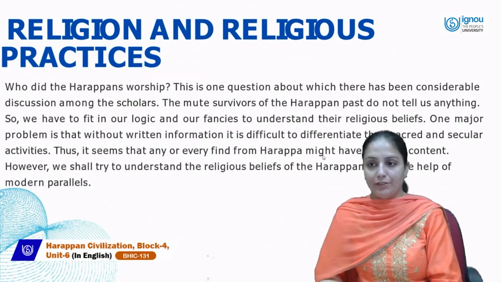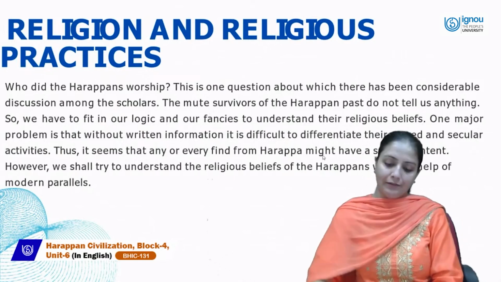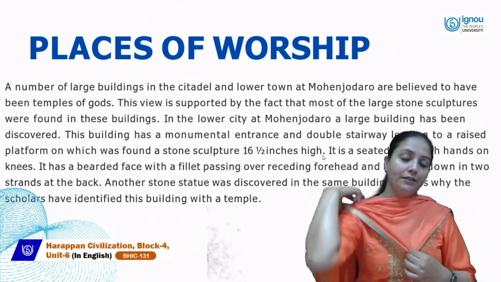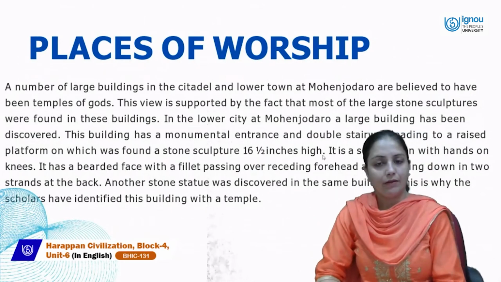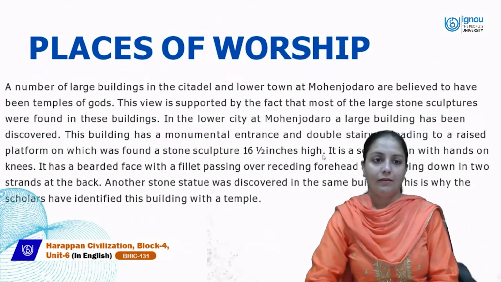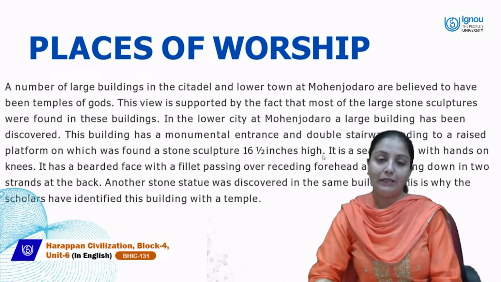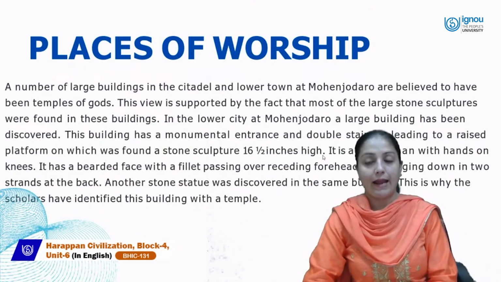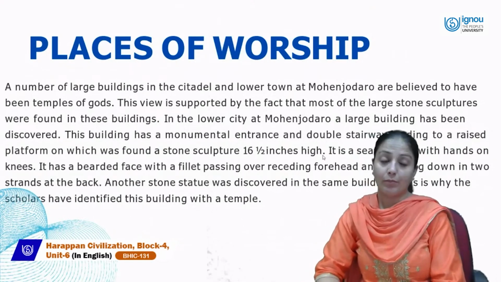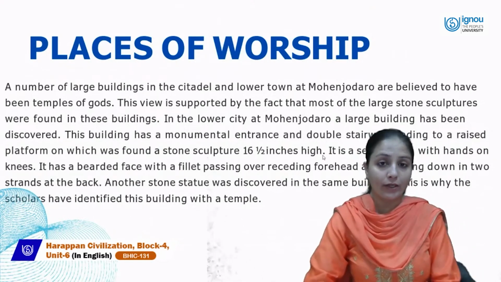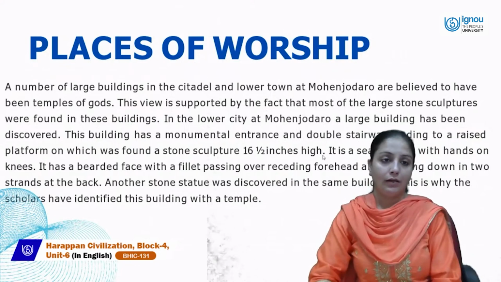They worshipped serpents, snakes, and the places of worship were obviously temples. Temples were built in citadels and in lower towns also. A number of gods and goddesses were prayed to there.